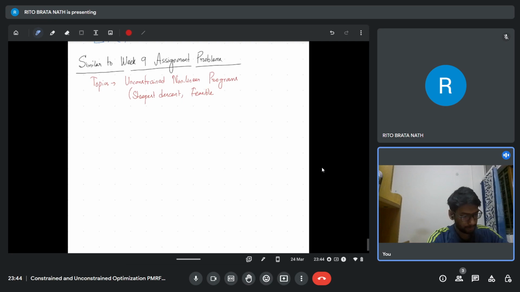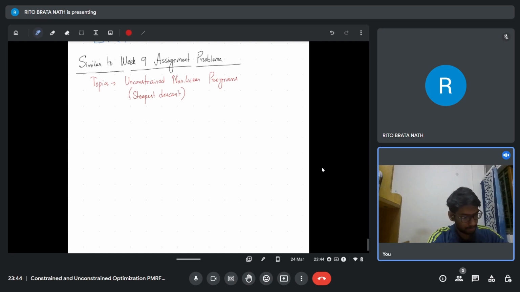Okay, so I think it's mostly on steepest descent, univariate methods, and so on. But the assignment problems are mostly on steepest descent, that I can notice. The first problem is on steepest descent, second is also the same, third is similar, fourth is also similar, fifth is also the same, sixth is also the same.